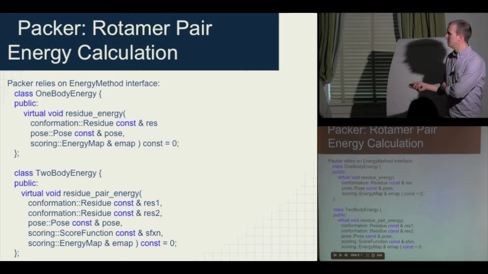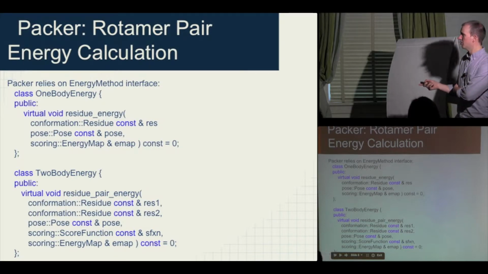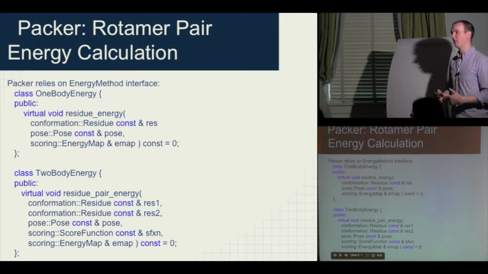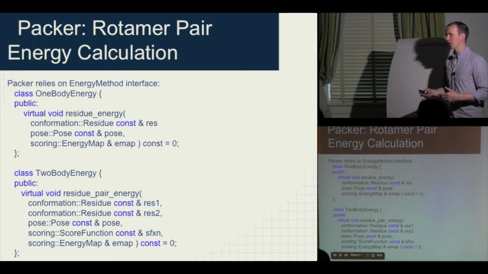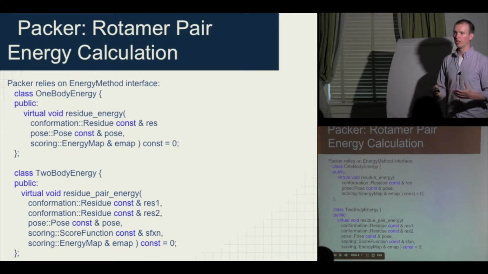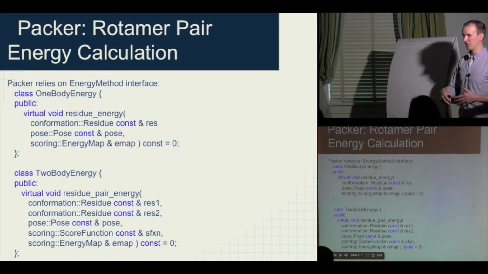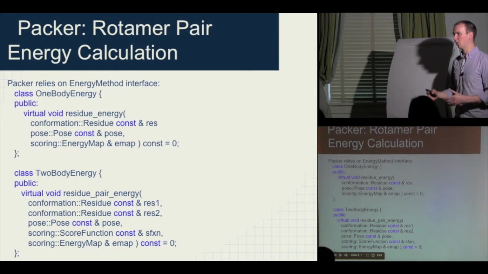In order to perform these calculations rapidly, and to make the packer very generic so that it can compute the one-body and two-body energies, we have an abstract interface between one-body energy methods and two-body energy methods.